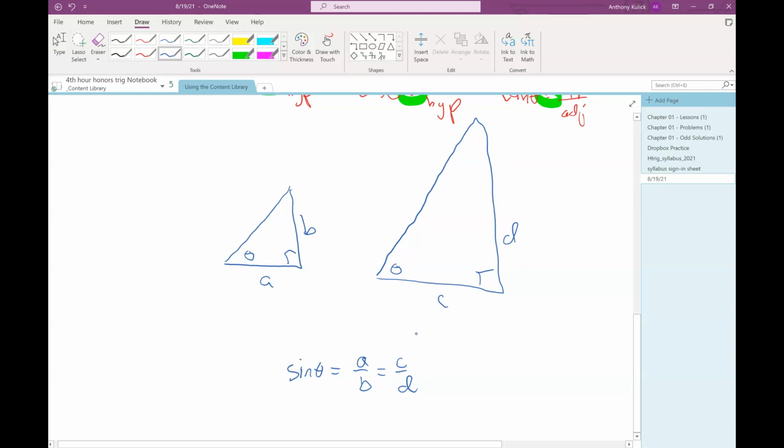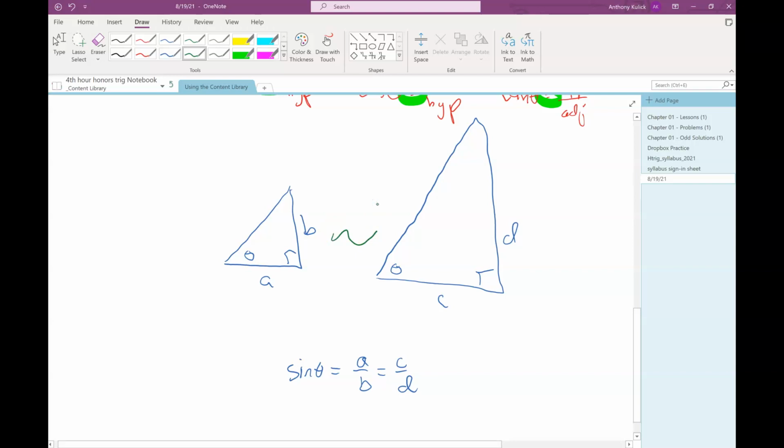What's that geometric principle that dictates this? Yes, Sergio? Just the right angle. It's not only the right angle. There's a specific geometric similarity. Yes. These two triangles are similar.